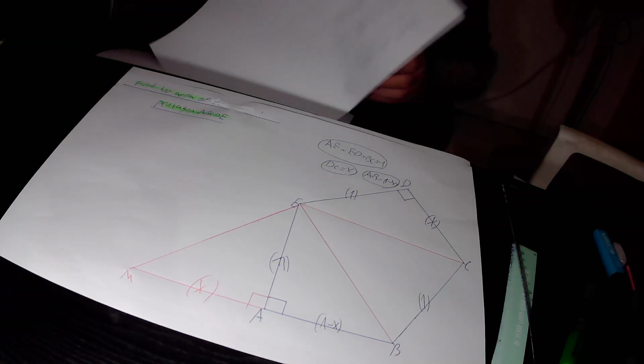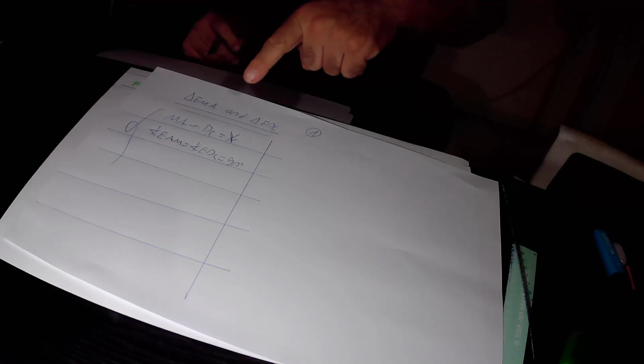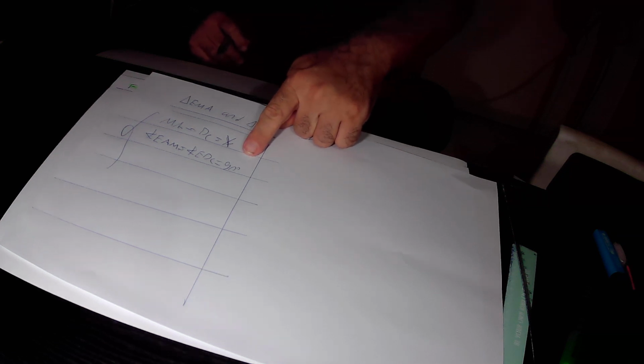Again, angle EAM in the right triangle EMA is equal to angle EDC in the right triangle EDC. They are both equal to 90 degrees and therefore they are equal to each other.